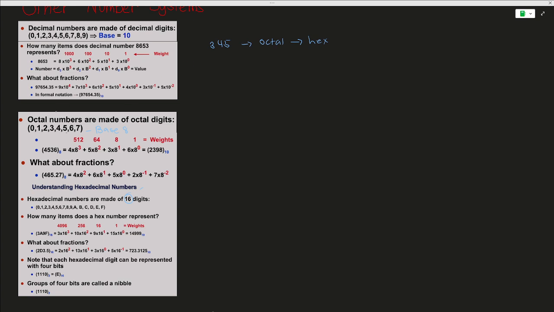Ganito yan. For example, you wanna convert to octal. Itong gagawin mo muna. Si 345, i-divide mo siya kay 8. Okay? So, anong need mong kunin dito? Okay. So, kapag dinivide mo si 345 kay 8, you need to find the integer part and the remainder.